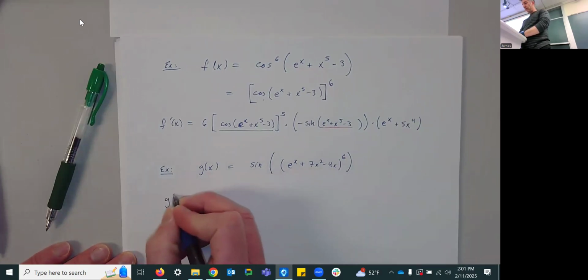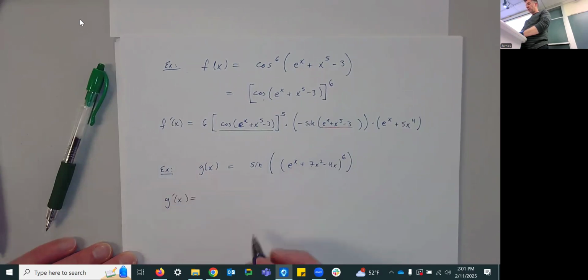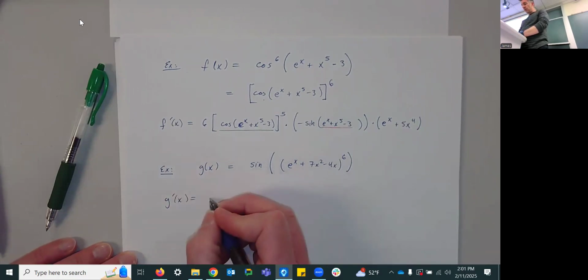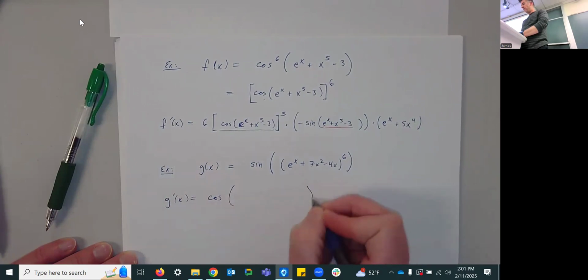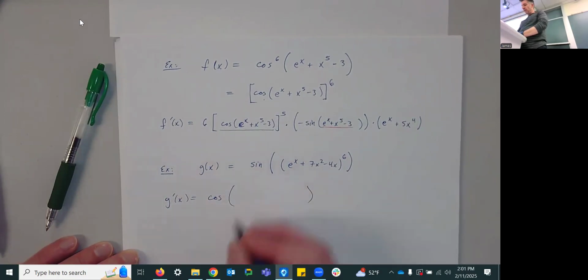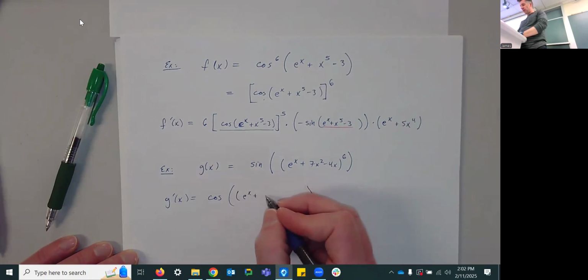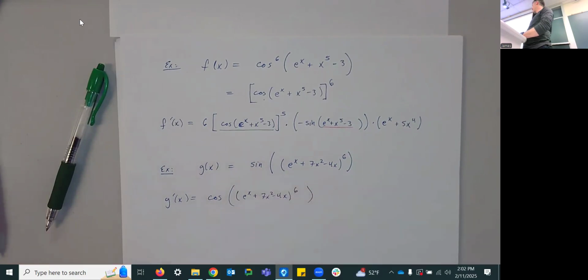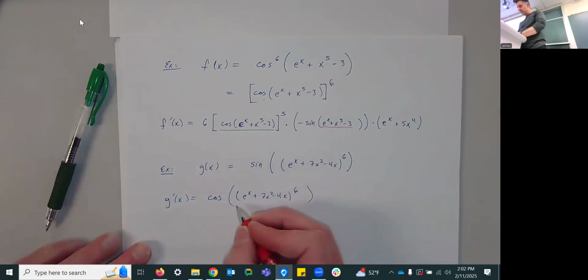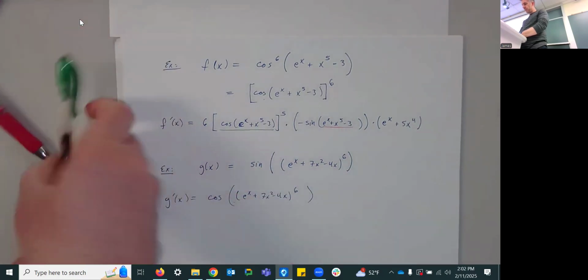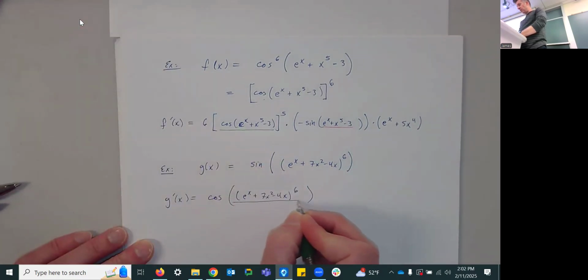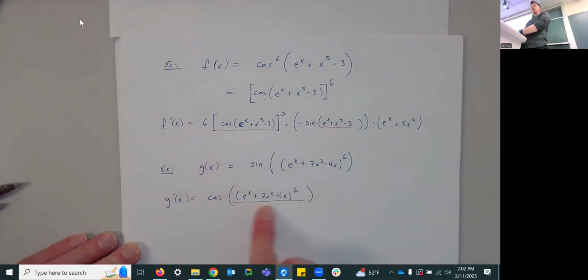So now g prime of x is going to be, the derivative of sine of some stuff is going to be cosine of all that stuff. Cosine of e to the x plus 7x squared minus 4x to the sixth power. And then we're going to differentiate the inside, which we already know how to handle, right? We know how to handle something raised to the sixth power.